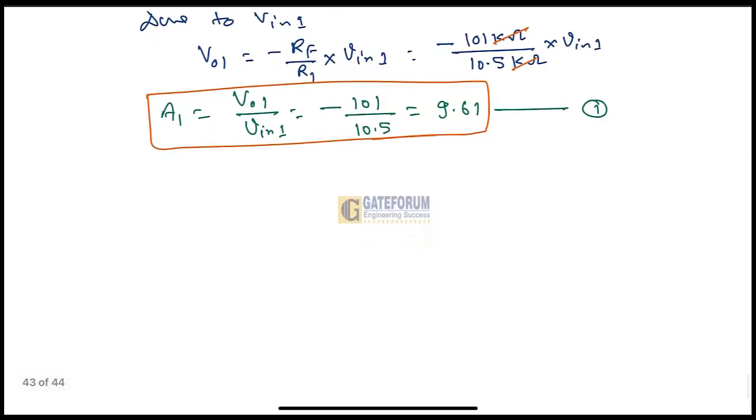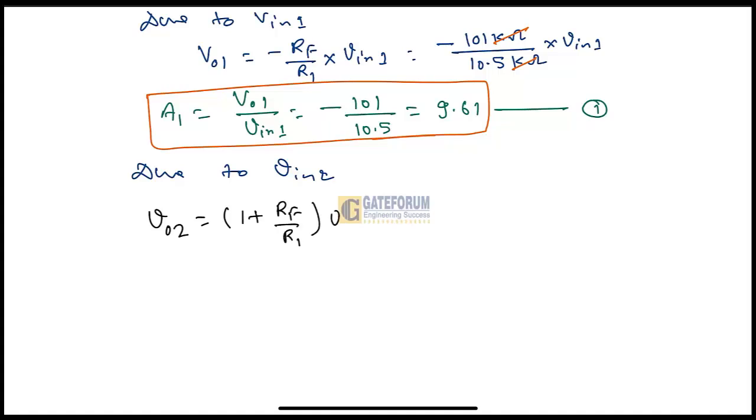Now we can calculate the output due to V in 2. That output we can consider as VO2. So this VO2 is equal to what? 1 plus RF divided by R1 into V plus.